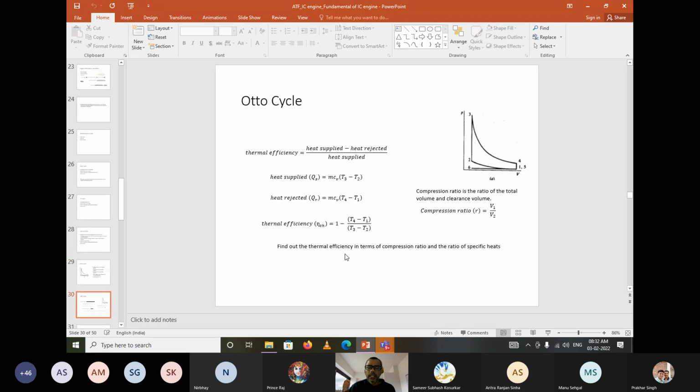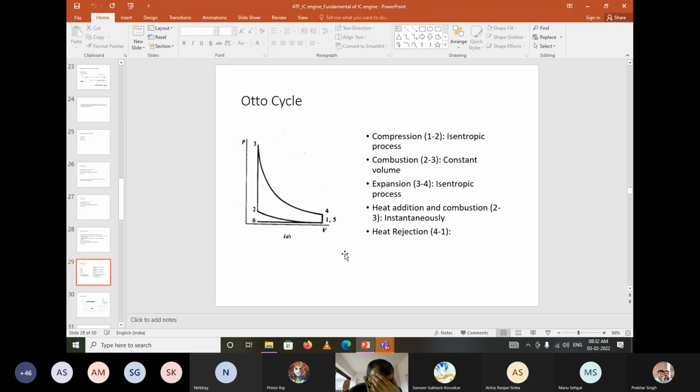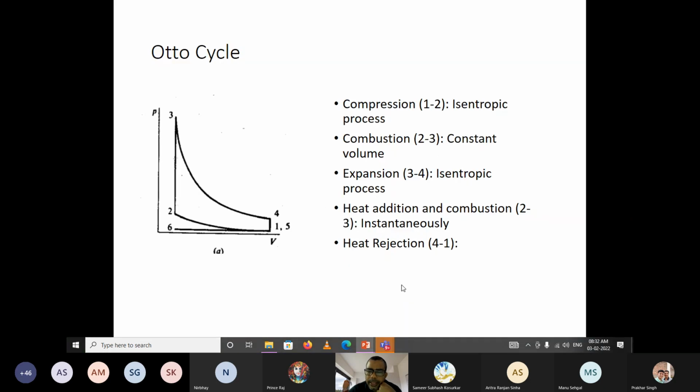Okay. In the Otto cycle, what is our aim? Our aim in discussing this ideal cycle is to calculate thermal efficiency, work output, IMEP, and similar values that will give us the reference, the maximum value of any performance parameter.